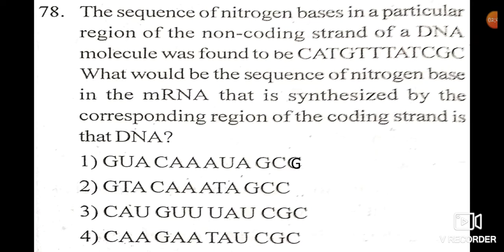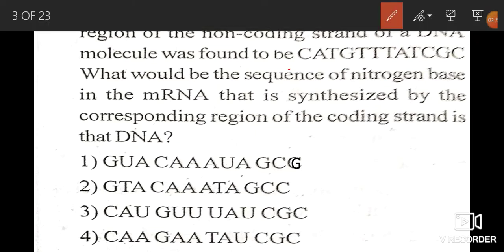So the DNA contains the sequence CATG, TTA, TCGC. What is the mRNA strand for the corresponding region of the coding strand?